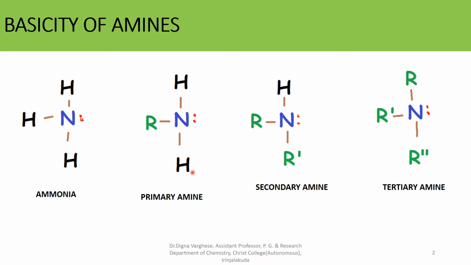Hence, they have a tendency to donate electrons to an electron deficient species and thereby act as bases. We know bases are those species which have a tendency to donate electrons to an electron deficient species.